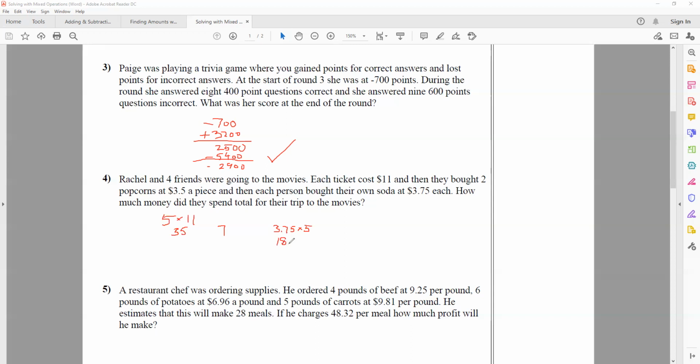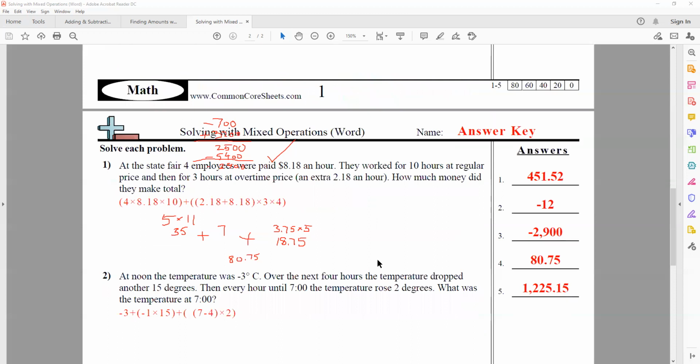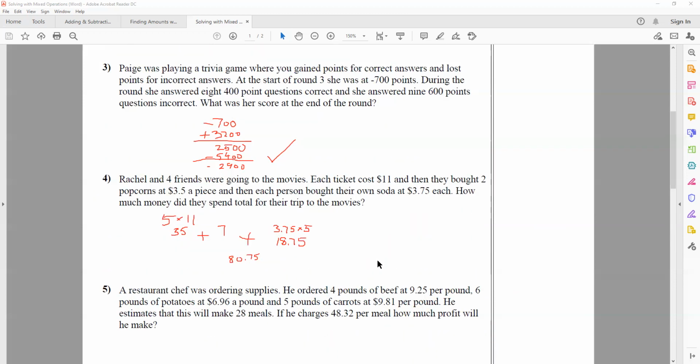So $18.75 plus $55, which is $73.75, and then $73.75 plus another $7. That'd give us $80.75. 75 cents. Okay, $80.75. Yeah, good job. Okay. I think you got it.